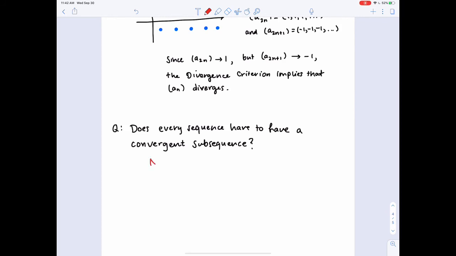What I'm going to point out here is that if we consider any monotonic unbounded sequence, it will have no convergent subsequences.